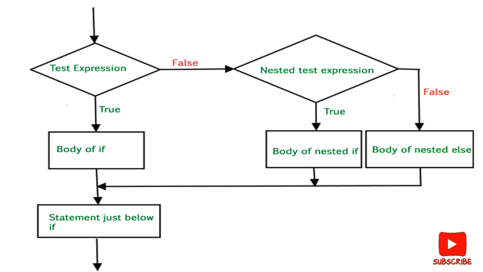No matter whether we follow the path of the main if, nested if, or the else block, the program eventually moves to the statement just below if, continuing with the next piece of logic in your program. This nested if else structure helps in situations where you need to evaluate multiple conditions step by step. It gives your code more flexibility and control when handling complex decisions.